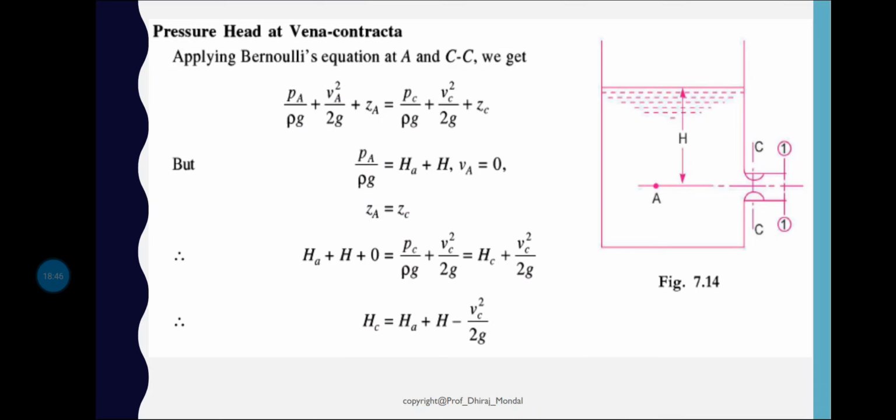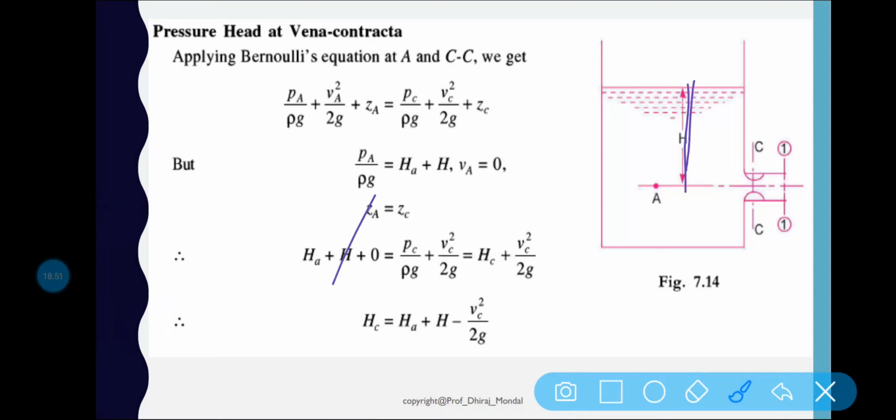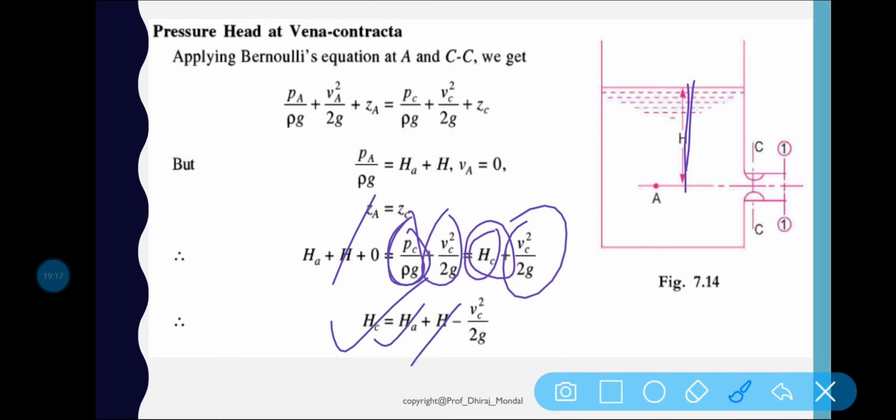Basically HA is the atmospheric head, H is the head from the free surface to the center of the mouthpiece, PC is the pressure head where the vena contracta is created, and VC square by 2g is the vena contracta velocity head. So I can write the pressure head at vena contracta, HC, as HC is equal to HA plus H minus VC square by 2g.